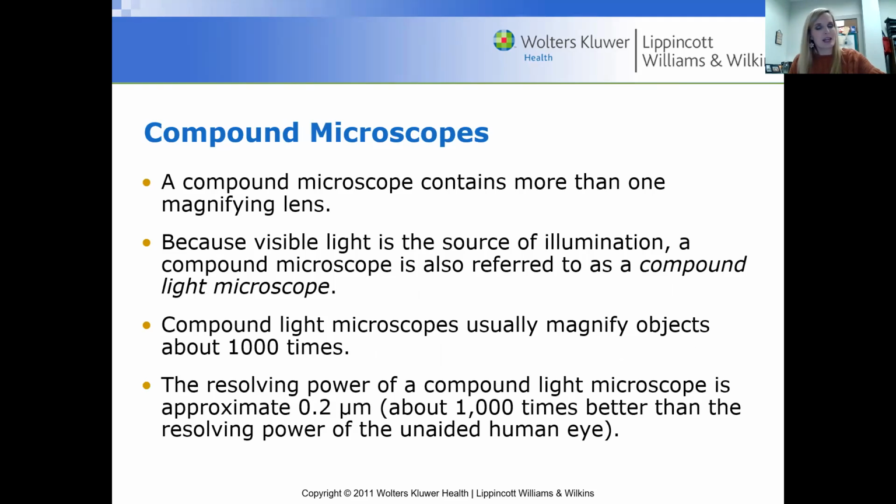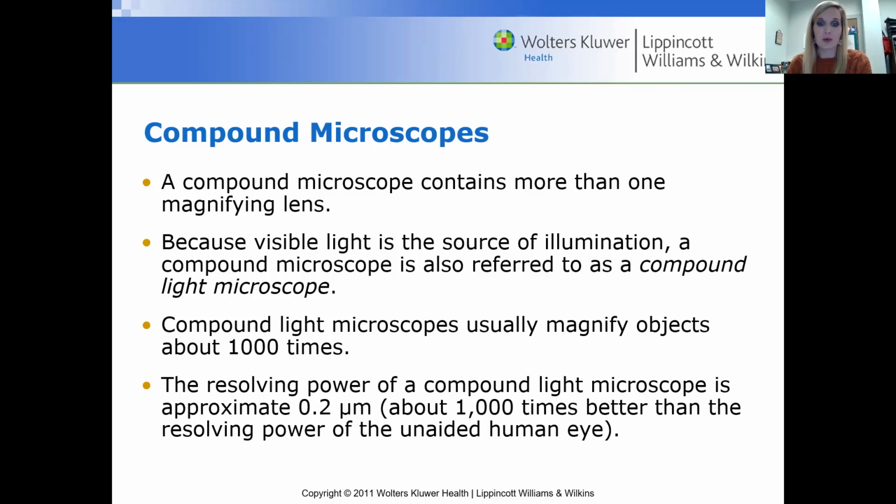Whereas your most common type of microscope is called a compound microscope. These are the ones that we have in our laboratories here at ATA, and you'll see them in most labs and in different medical offices as well. A compound microscope contains more than one magnifying lens. There's going to be two, and the combination of the two gives us the total magnification, or magnifying power.